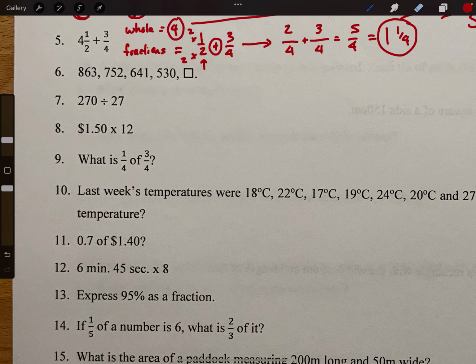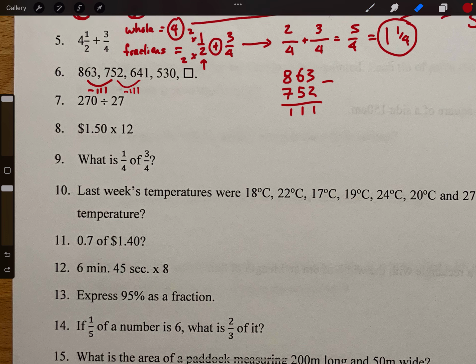So we can say 863 take away 752. You're going to get 111. That means from here to here, we take away 111. And if we take away 111 again and we get this number, we know that the pattern is just minusing 111.